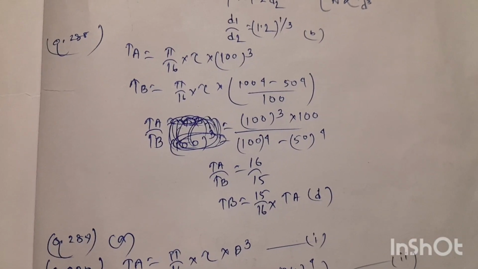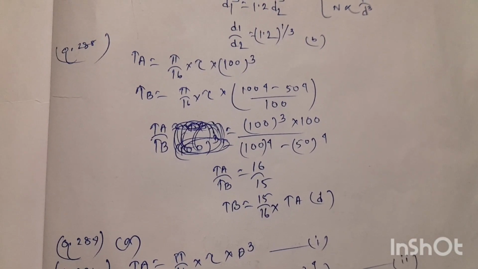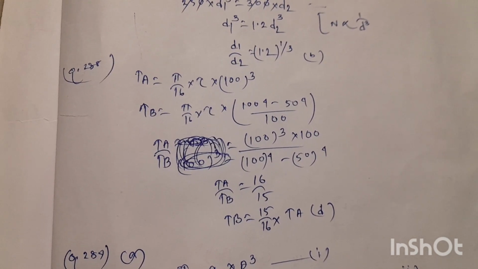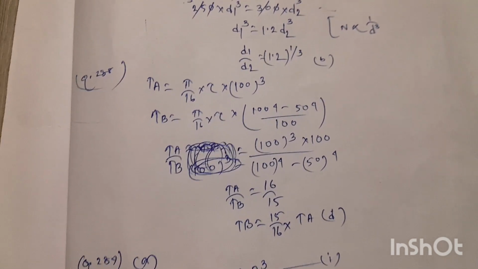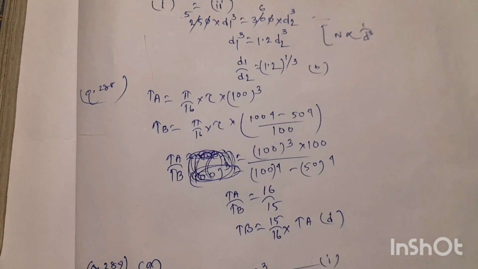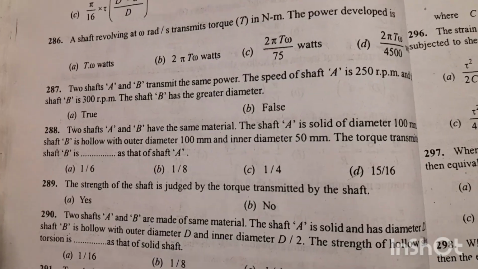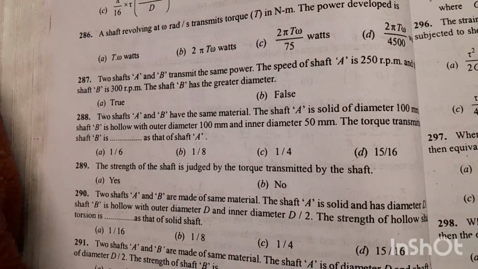If we make the ratio TA divided by TB, we will get the value 16 by 15, and the torque TB will be equal to 15 by 16 into TA. So for question number 288, option D is the right answer.